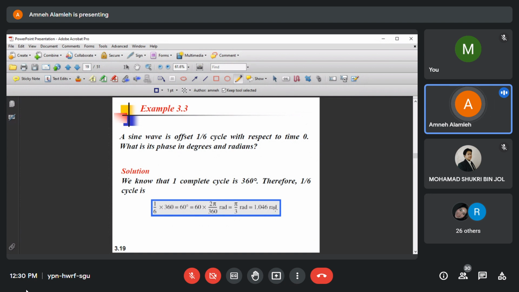That's how we find the phase. In degrees, it is 60, and in radians, it is 1.046.